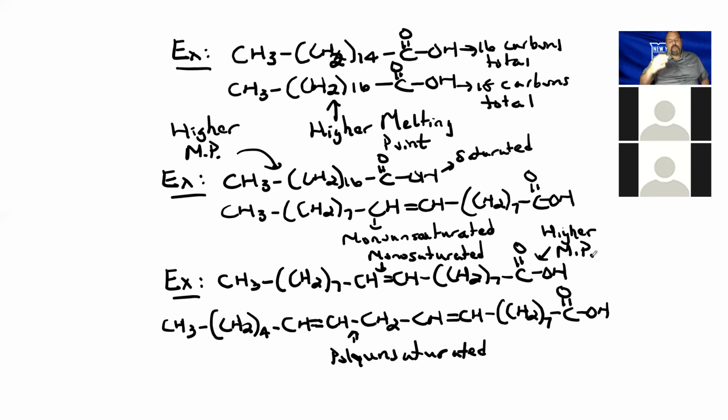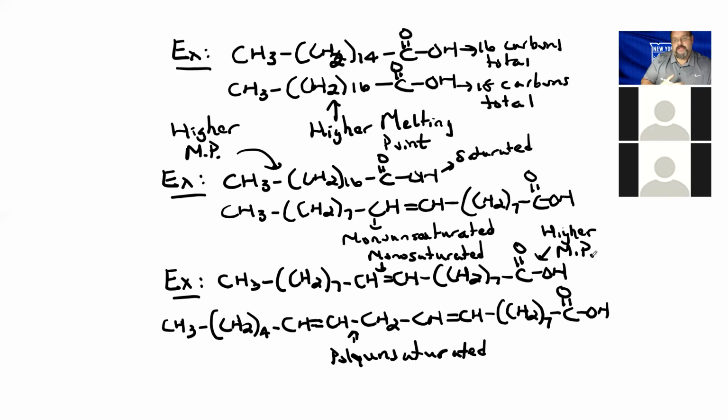Why is that the case? Every single time you have a double bond, the carbon chain, quote unquote, bends. Therefore, the more double bonds that you have, the more irregular the shape of the fatty acid molecule becomes. The more irregular the shape of the fatty acid molecule becomes, the tougher and tougher it becomes for the fatty acid molecules to position themselves to have dispersion forces occurring. So when you have monounsaturated, it's already difficult for dispersion forces to occur between the carbon chains.